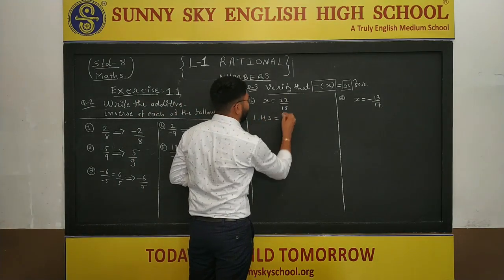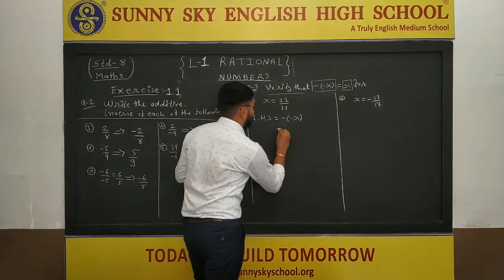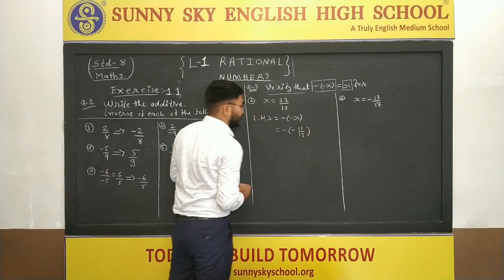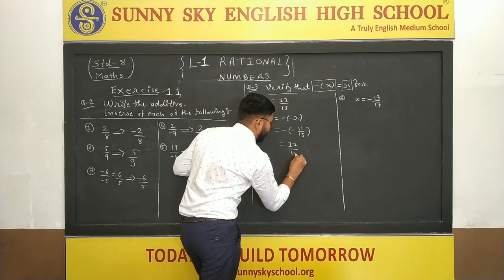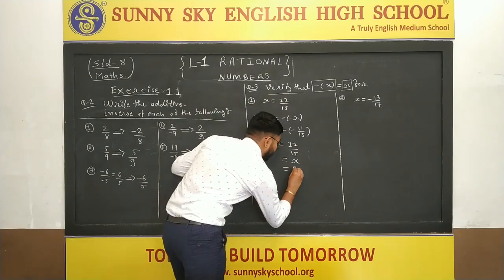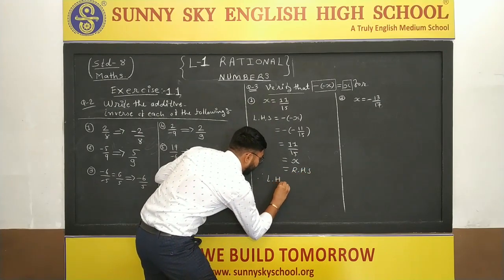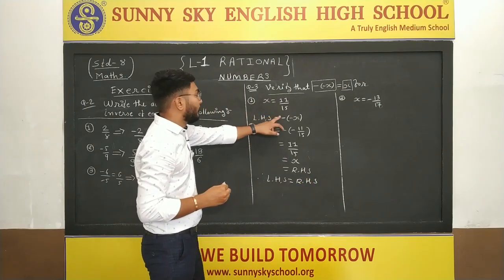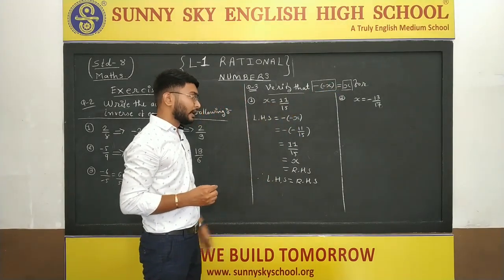LHS is minus minus x. Now put the values there: minus minus 11 divided by 15. See, minus minus is plus, therefore 11 divided by 15, which is our x only, therefore it is the RHS. It means LHS is equal to RHS. The value of minus minus x is equal to x only, therefore both are equal.